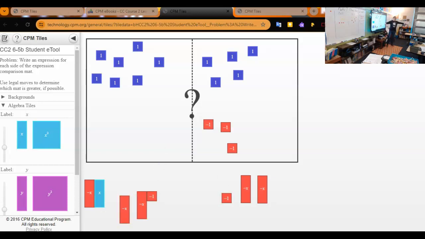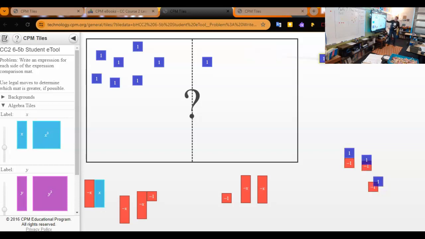Ooh, are you saying zeros? Ah, so we're back to more zeros. Sam, anything else I can do to both sides to get more? I don't even have to, because if I say take away 1, take away 1, as long as I do the same thing, that's fine.